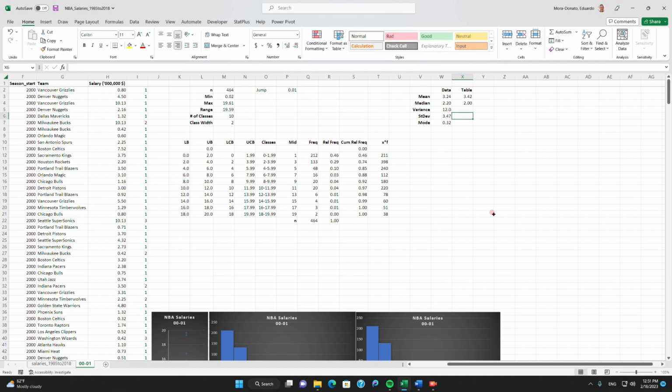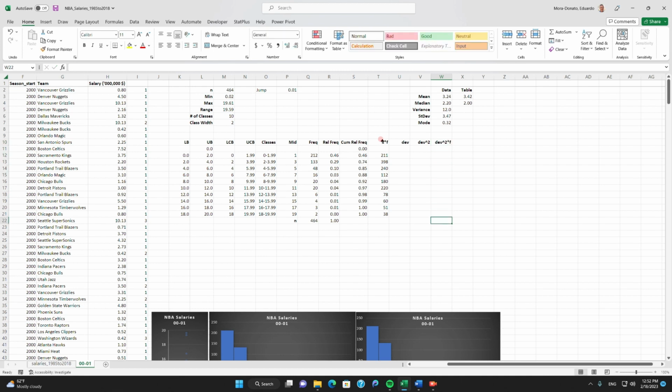Now the variance. Okay, so now I have the mean here. Then I'm going to do the deviations, then I'm going to square the deviations, and then I'm going to calculate the squared deviation times the frequencies.